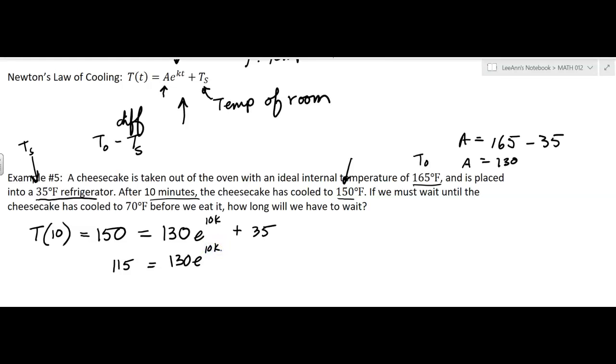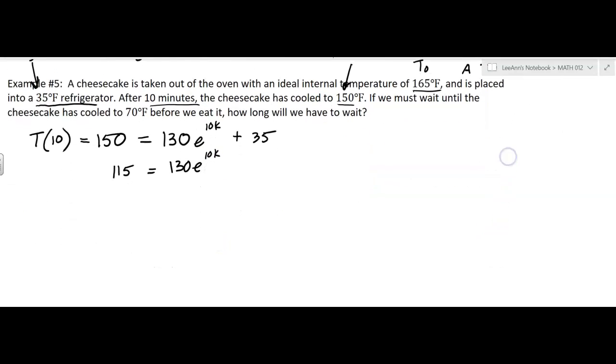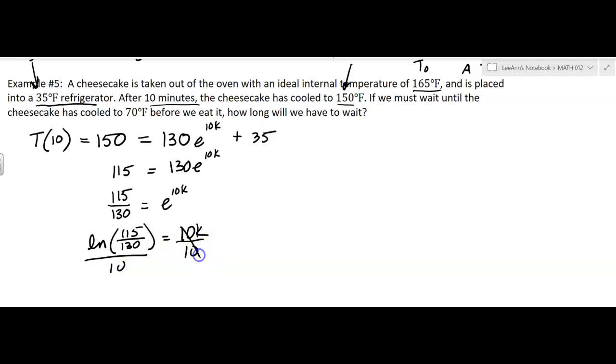This is going to allow us to find K. So divide by 130. Then natural log it. That's what my students say sometimes. They're like, natural log it. And then we'll have to divide by 10 to find K.